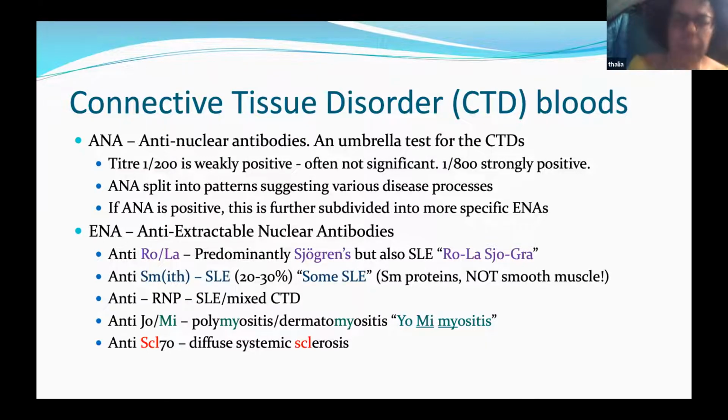It means it is a specific condition. Usually it's a prodromal condition. It appears and we are watching the patient in case the patient will progress to either lupus or scleroderma or dermatomyositis.